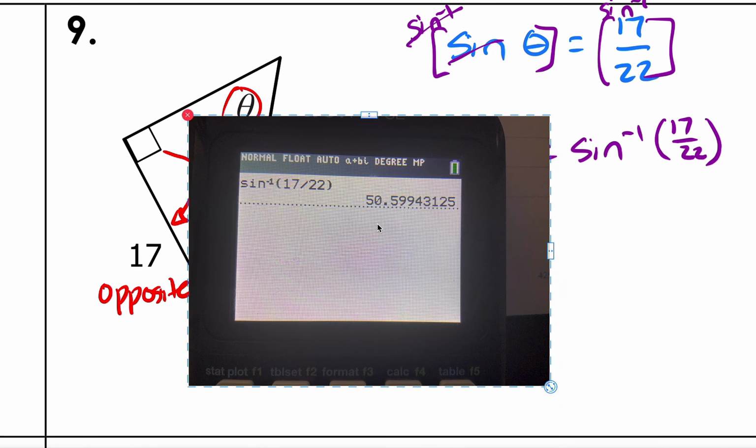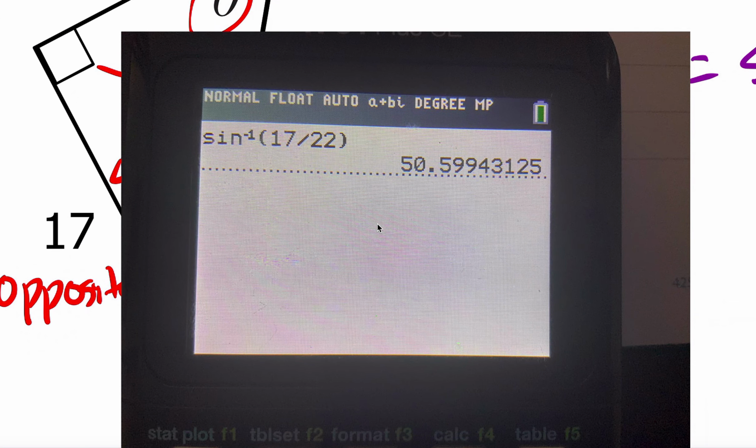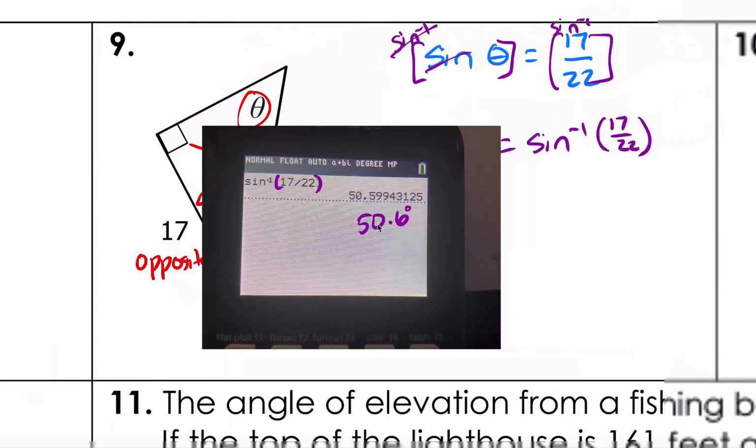I got inverse sine of 17 over 22, and don't forget, put those parentheses around that. 17 over 22 equals 50.59, or we can say 50.6. That's fine. And don't forget degrees.